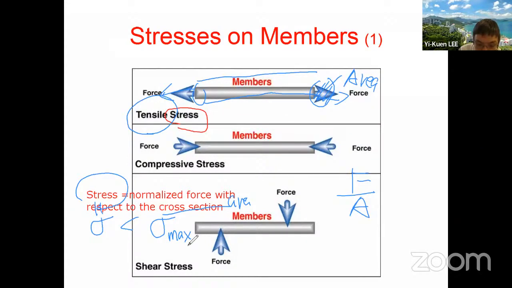The material is most likely related to some mechanical property, like steel, RC concrete or wood, with different sigma maximum, the mechanical strength, right? So this is one of the most important concepts.